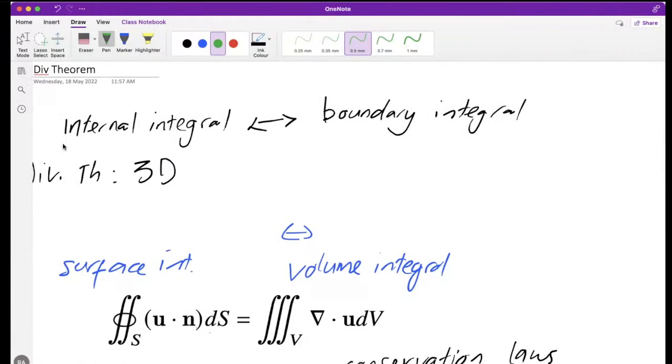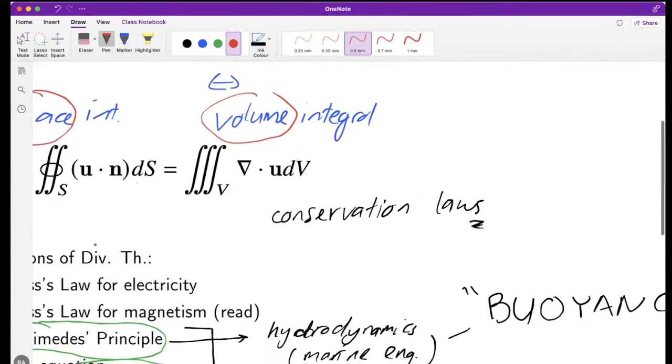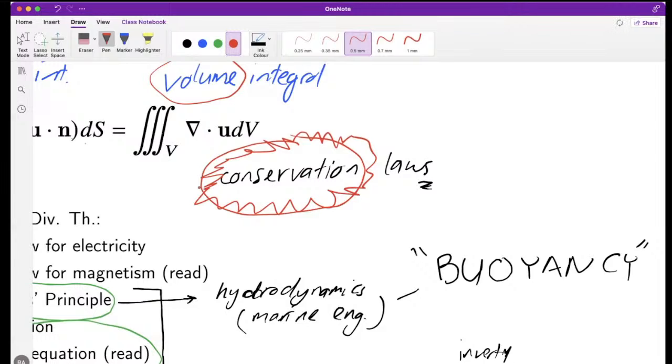For 3D, the interior relates to the volume, and the boundary relates to the surface. These are the key principles of the divergence theorem, and then you have conservation, which is another key idea for the application of the divergence theorem.